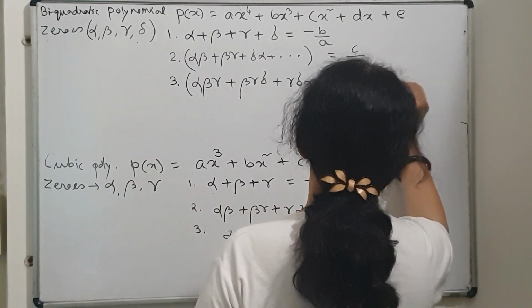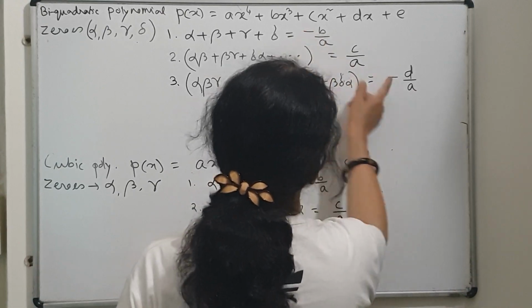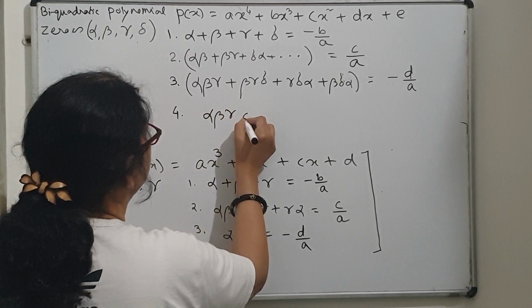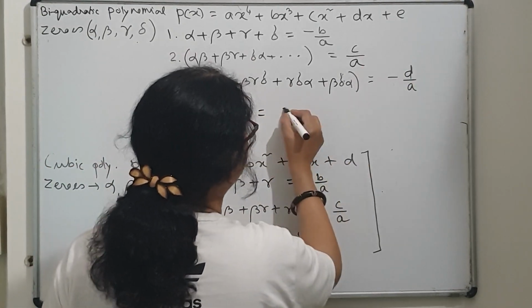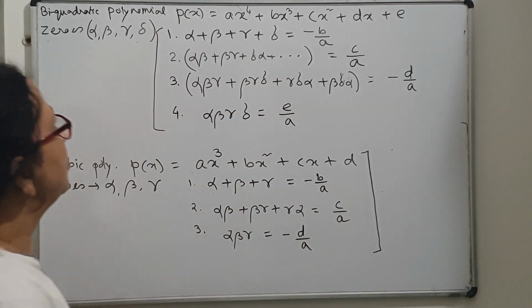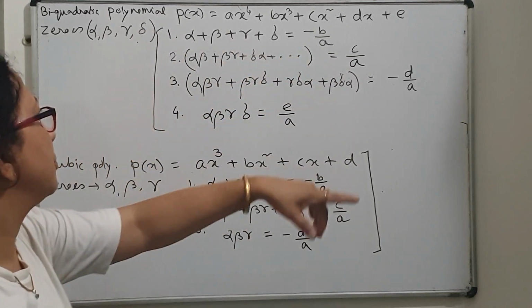So this will be minus d upon a. You see, minus, plus, minus. And the fourth relation, the product of all the zeros, will be plus e upon a. So these will be the 4 relationships between the coefficients and the zeros.